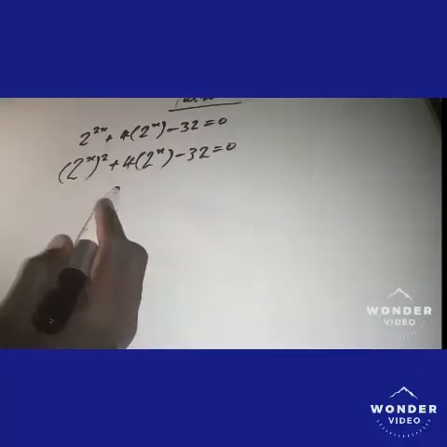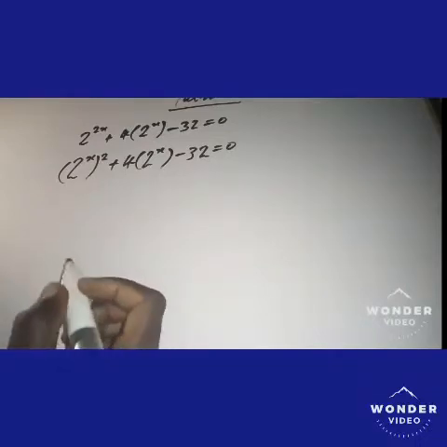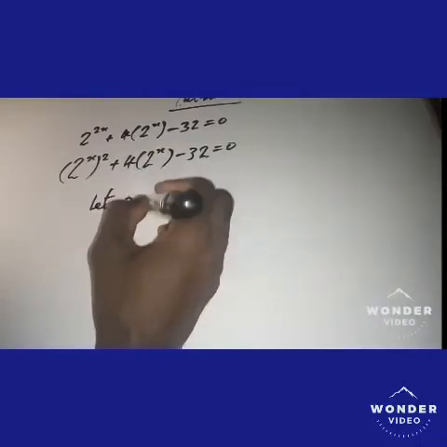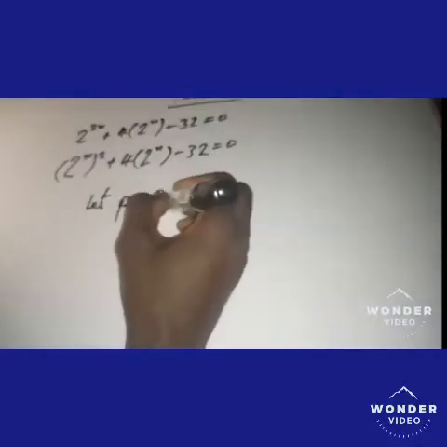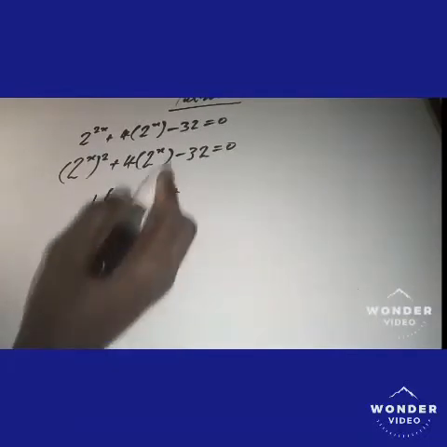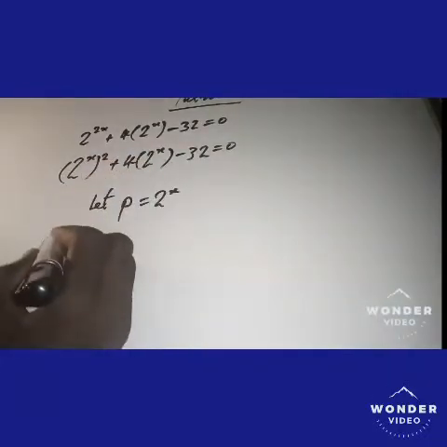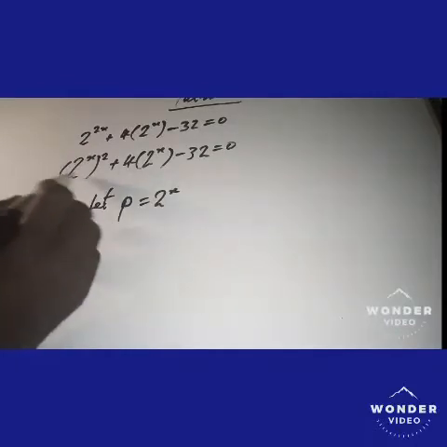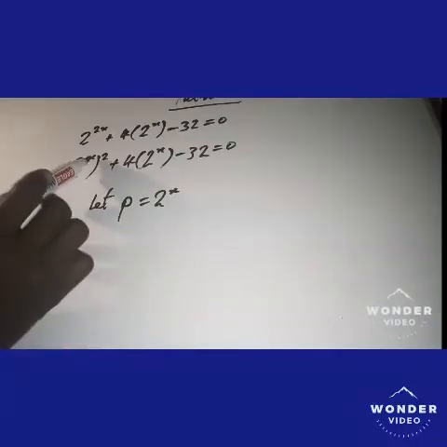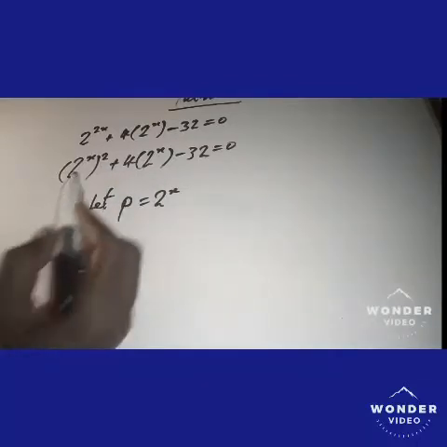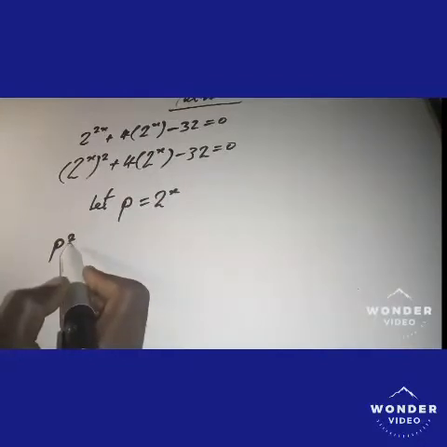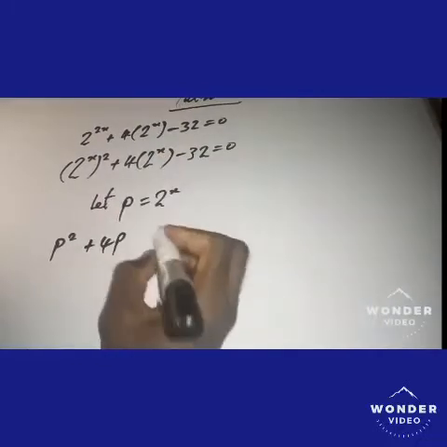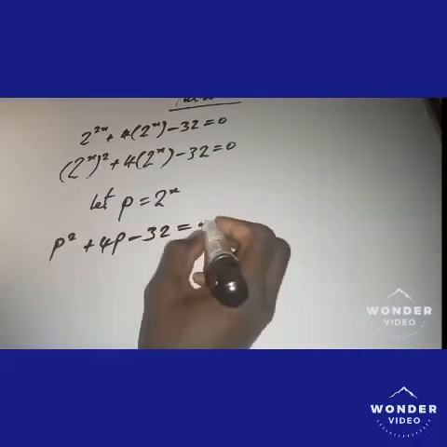Assuming I let p be equal to 2 to the power of x, this equation will now change to p to the power of 2, which represents 2 to the power of x, then power 2, plus 4p, minus 32 equals 0.